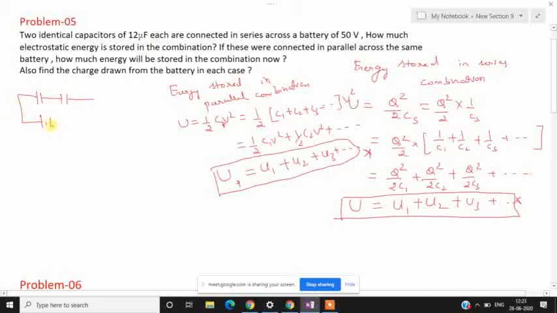In which combination is the energy asked? Series.